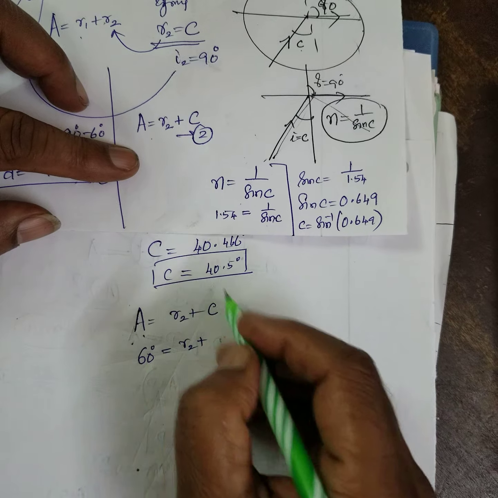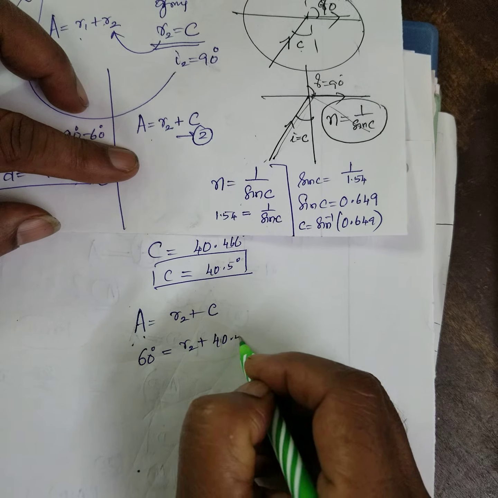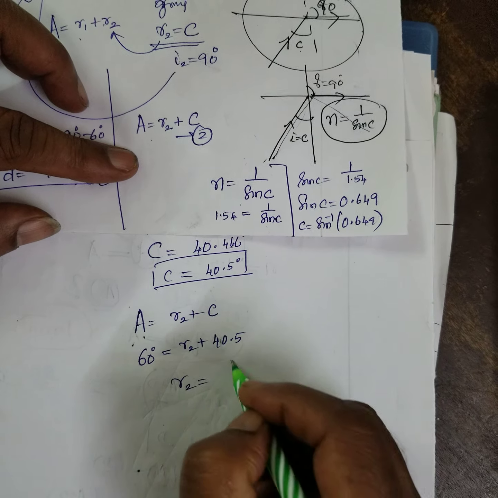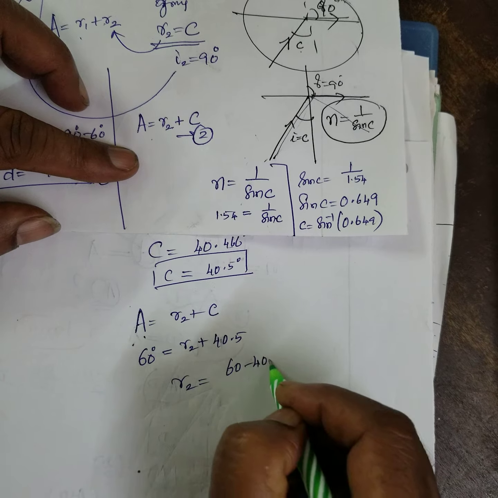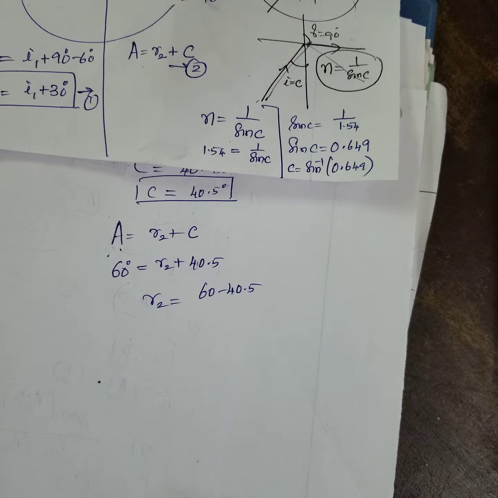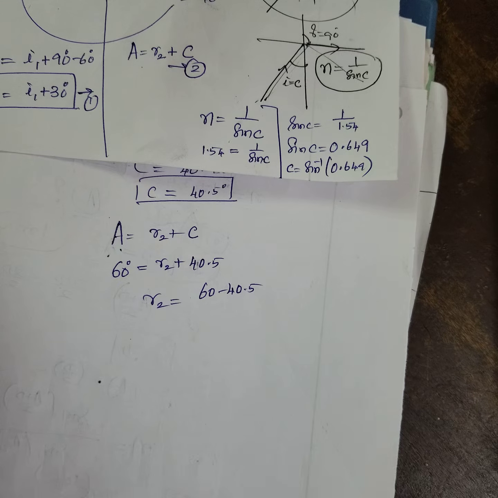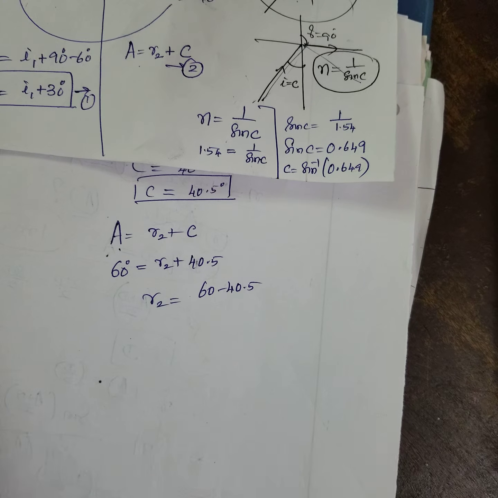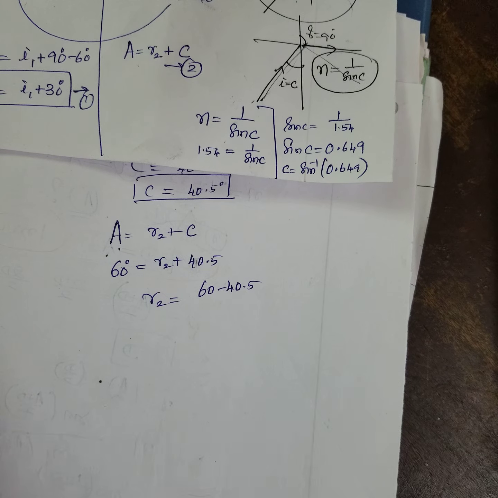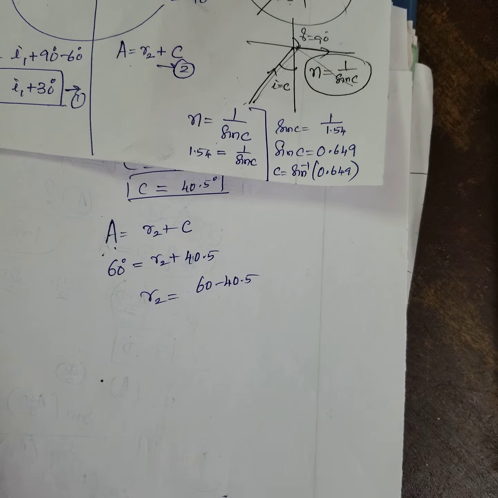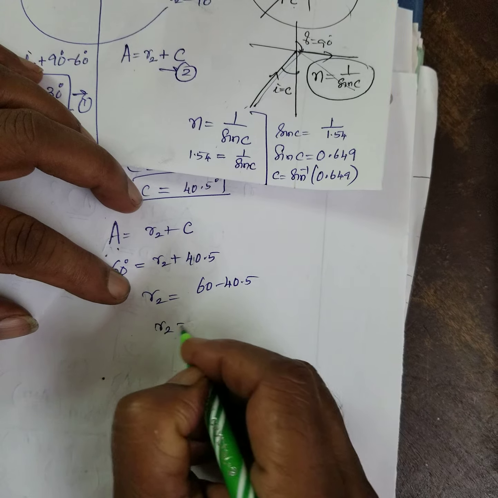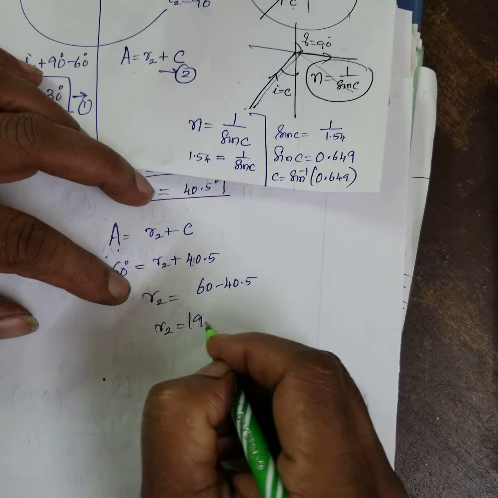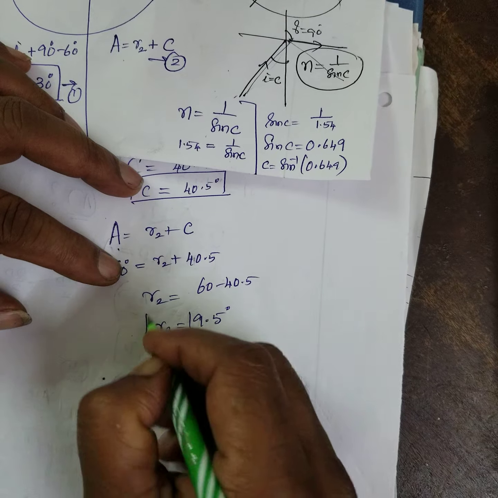R2 plus C, where C is 40.5. So R2 is equal to 60 minus 40.5, which is 19.5. Sometimes even simple ones you have to use the calculator. You will get habituated to this degree. R2.